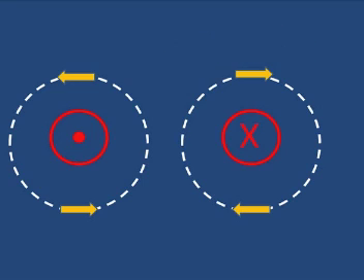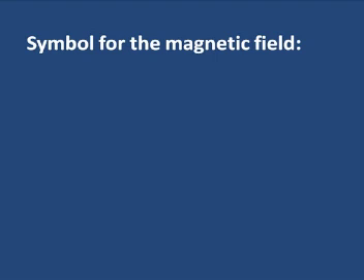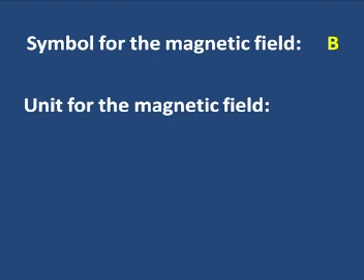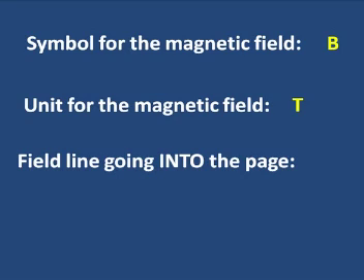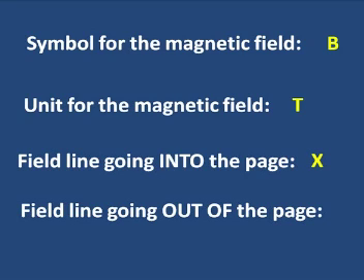Now let's review some of the basics of the magnetic field. The symbol for magnetic field is B. The unit for the magnetic field is Tesla, or capital T. The B field, not the current, going into the page, away from you, is X's, like the back of the arrow. And the field coming out towards you, out of the page, is dots.